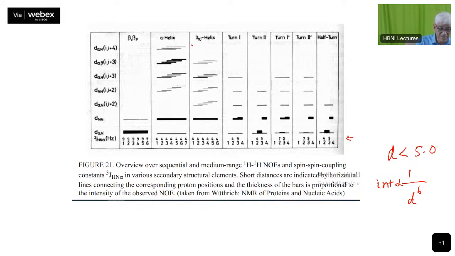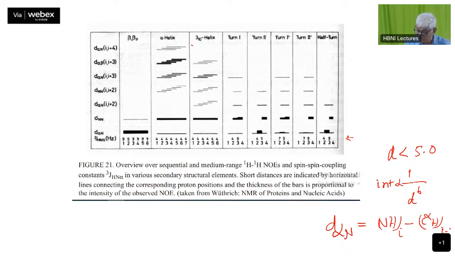And if you see here, d alpha n means NH of I to C alpha H of I, the alpha n of I minus 1.